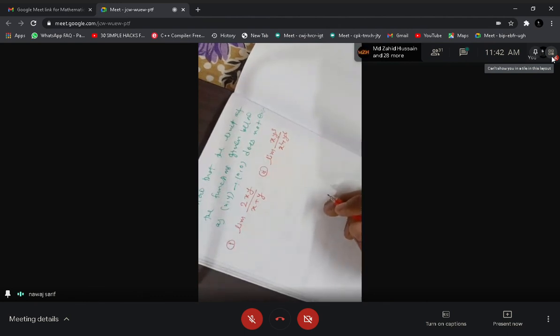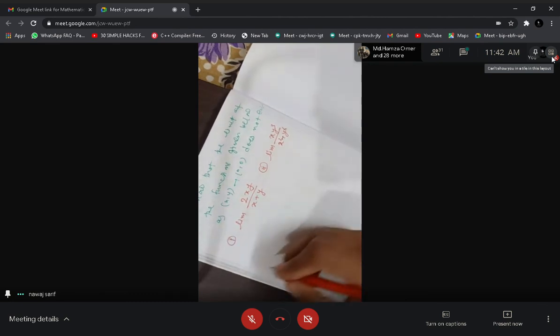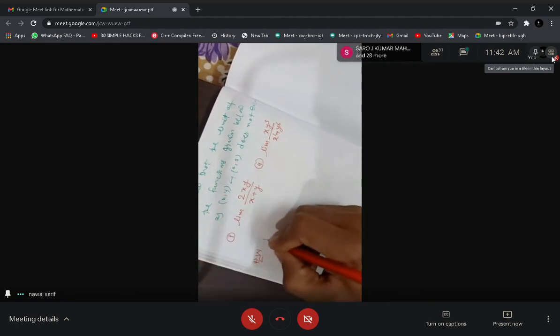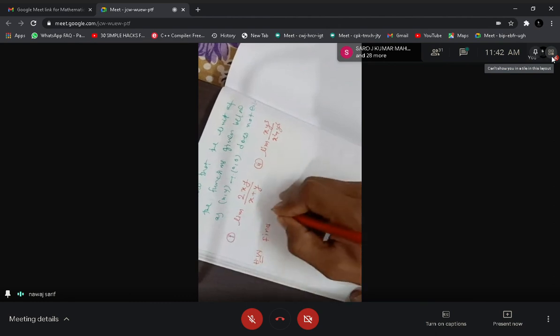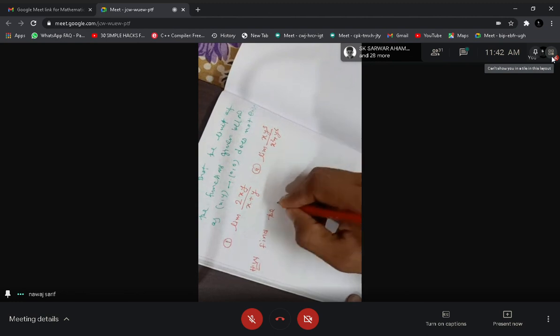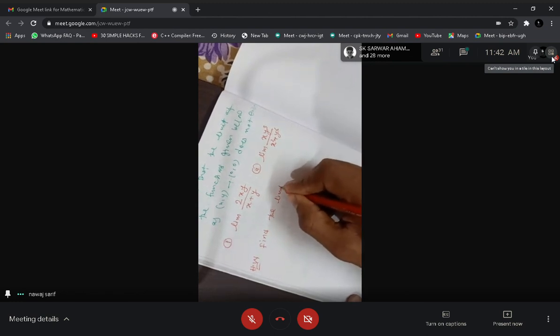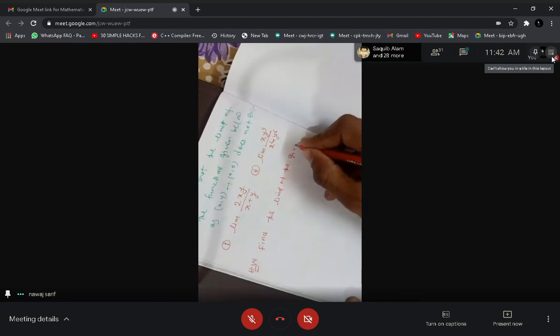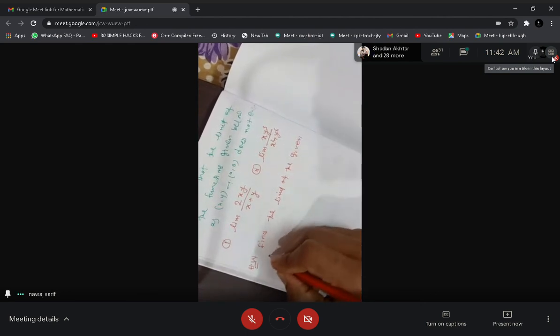Then find the limit of the given functions.